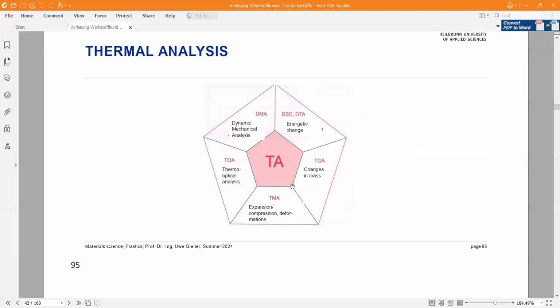And divided in 5 groups. Energetic change in mass, expansion, compression, formations, optical analysis, dynamic mechanical analysis.